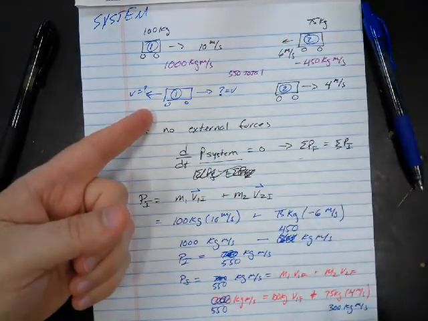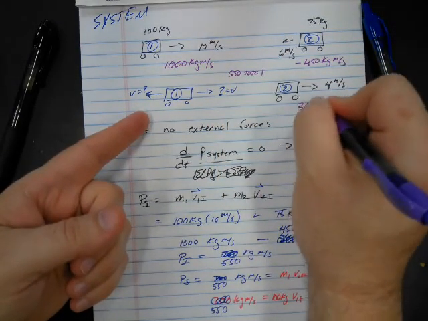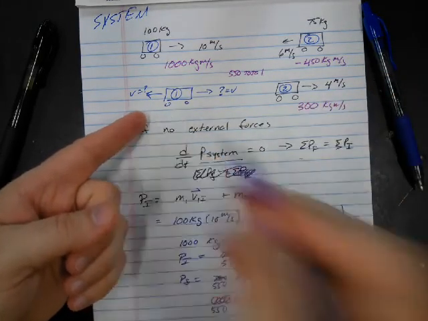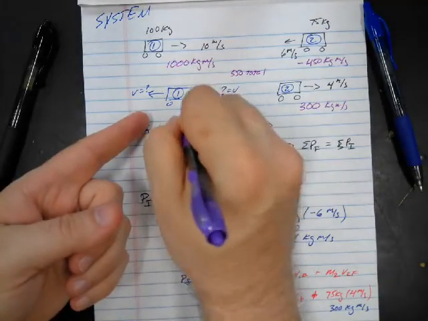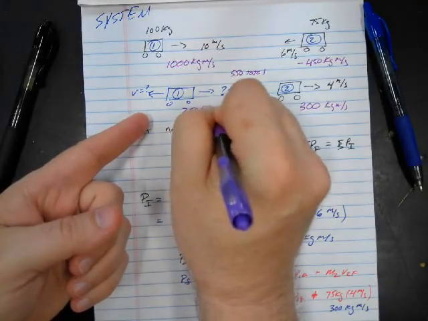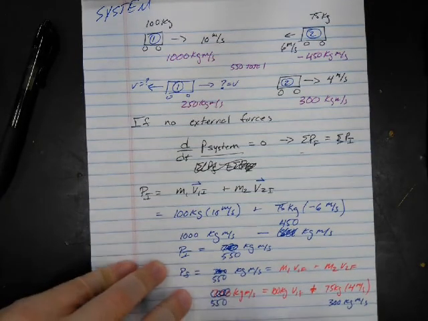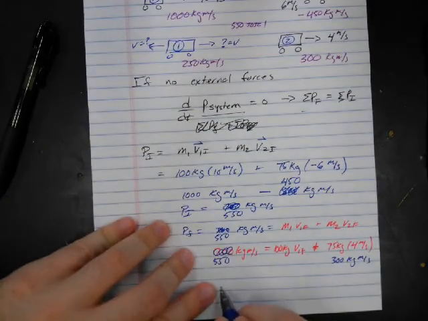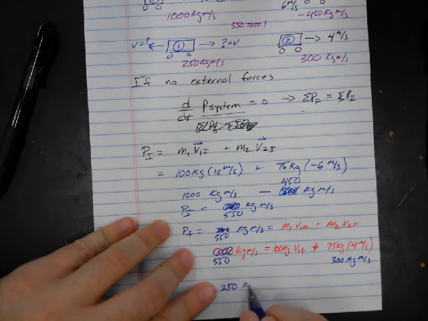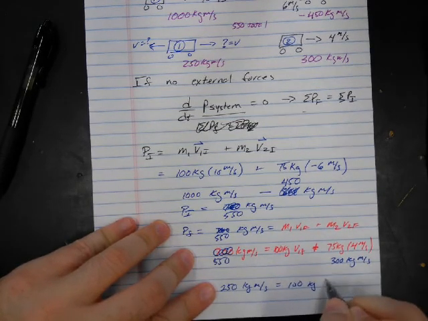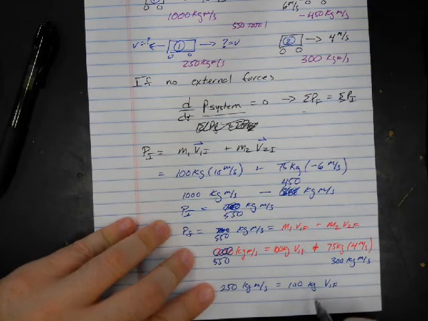But this one we show has 300. This one should therefore be 250. All right. And that's what we're doing. We subtract this from that. We have 250 kilogram meter per second is 100 kilograms times V1 final. And that means V1 final is 2.5 meters per second.